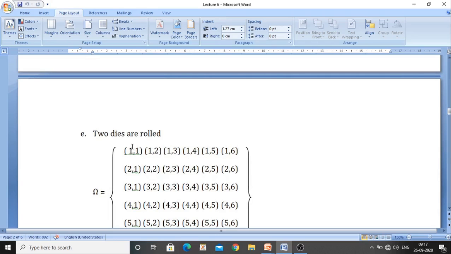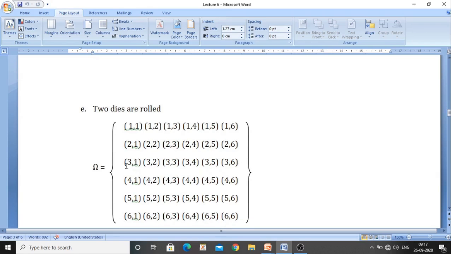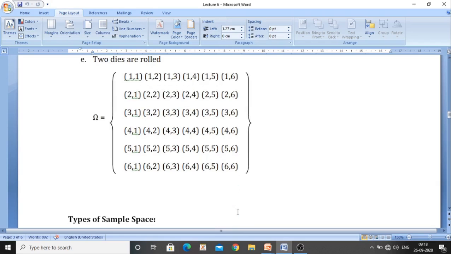That means the first die shows 1 and the second one is from 1 to 6. Then changing the first one to 2, all possible combinations with 1, 2, 3, 4, 5, 6, then 3 with 1 to 6, and so on up to 6 with 1 to 6. So these are the total 36 elements or outcomes of rolling 2 dice.